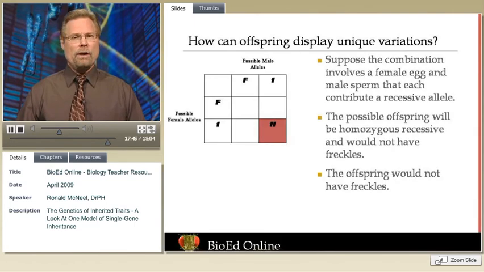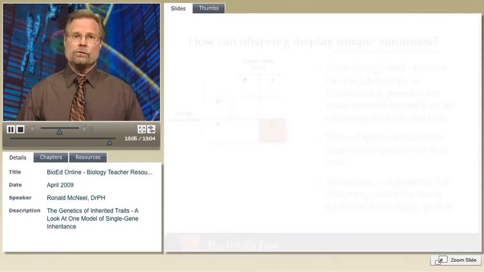There is one other possible combination. The female egg and the male sperm could each contribute a recessive allele, represented by two lowercase f's. This fertilization would result in the homozygous recessive genotype, and the offspring would not have freckles.